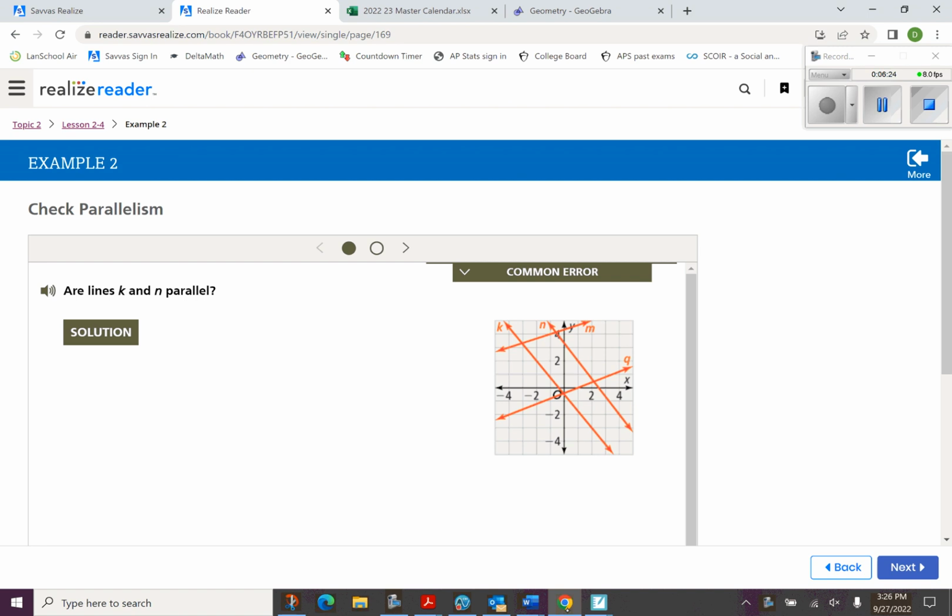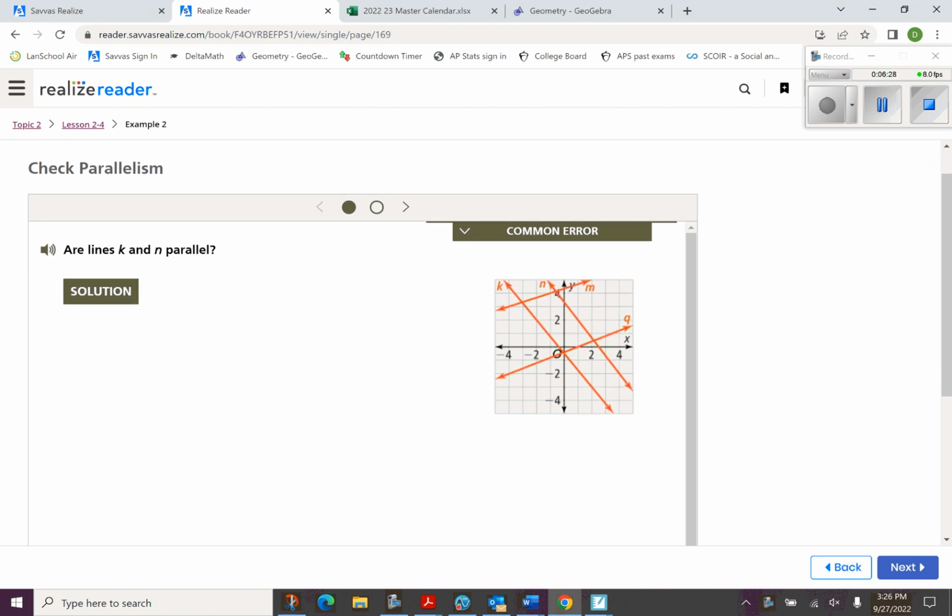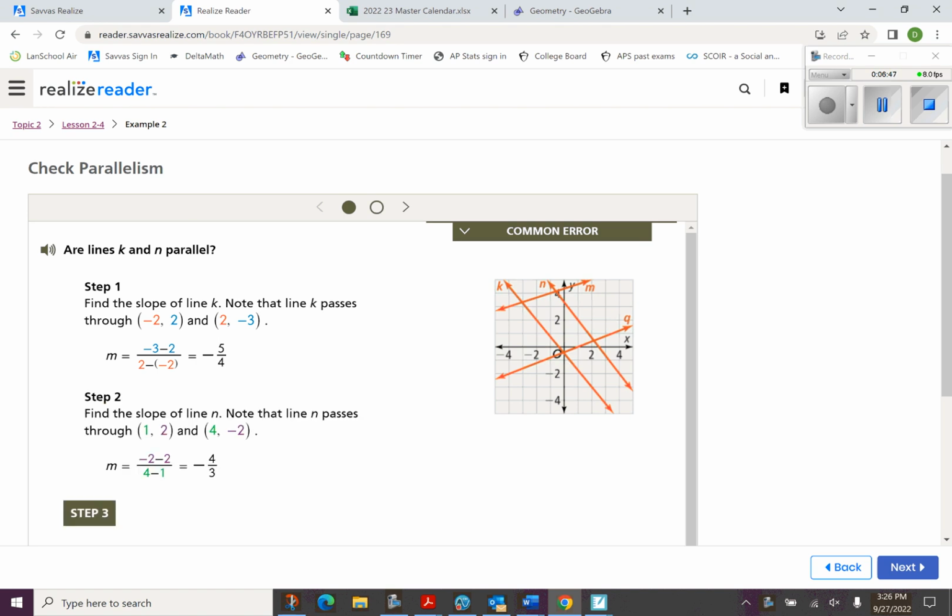So they'll throw stuff at you like this, where here's a nice graph. Is line K parallel to line N? Please, there is no such thing as the looks like it. Yes, they are parallel. Why? It looks like it. Do the calculations. Find coordinates. Back up your answer with real, genuine reasons.